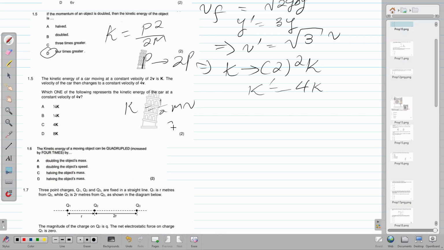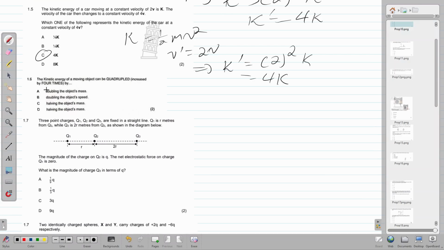The new velocity is twice the original velocity, so 2v to 4v. It's multiplying by 2, so let's square that. Then the new kinetic energy is going to be 2 squared times the original kinetic energy, so that's going to be 4k. So the answer there is C.